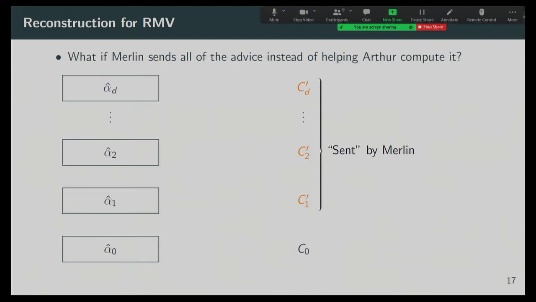Right? And here's where we exploit this resiliency property of the RMV generator, that here, when Merlin sends all of that advice, he is effectively committing to functions beta 1 to beta d. Right? So all of these circuits are actually single-valued or unambiguous.